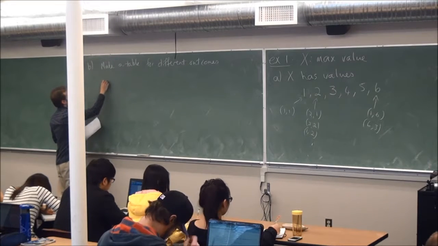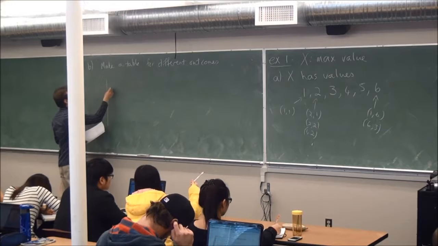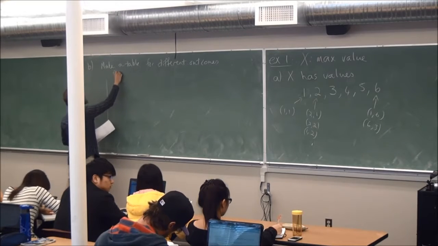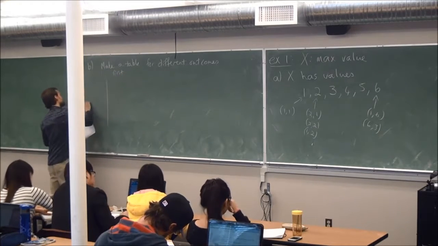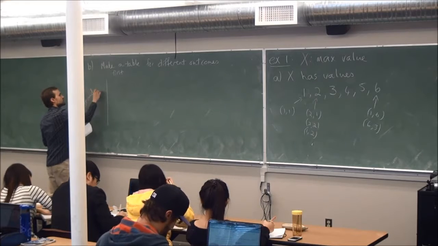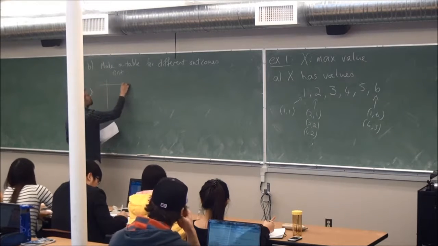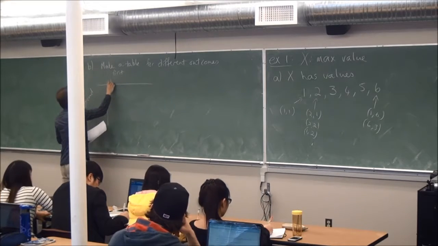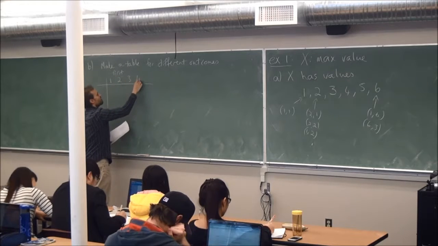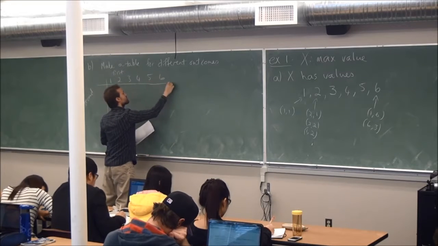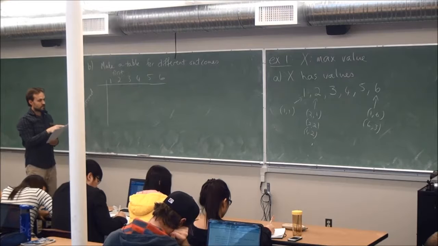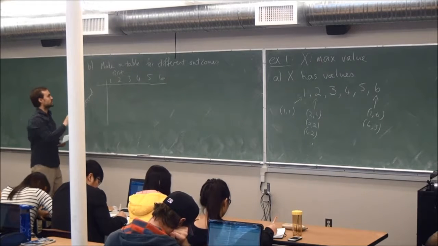So let's say here I have my first row and my second row. So I could have a 1, 2, 3, 4, 5, or 6 on the first row. My experiment, they say roll the die twice.